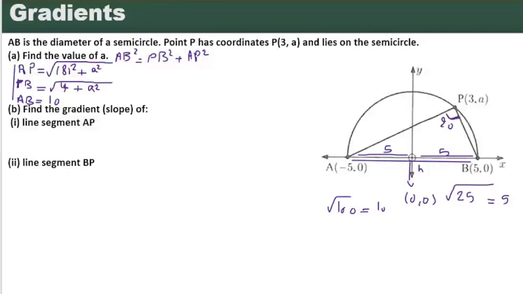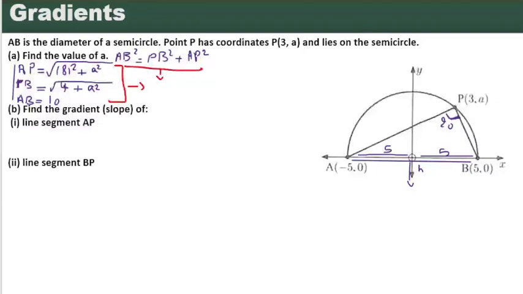Now I substitute the value that I found into this formula of the Pythagorean theorem. So I say AB to the power of 2, which is 100, equals PB to the power of 2 here.